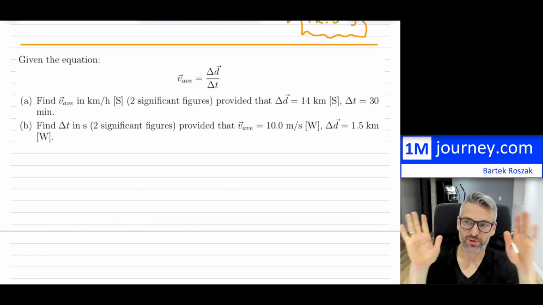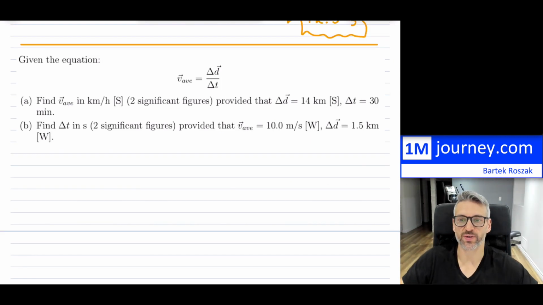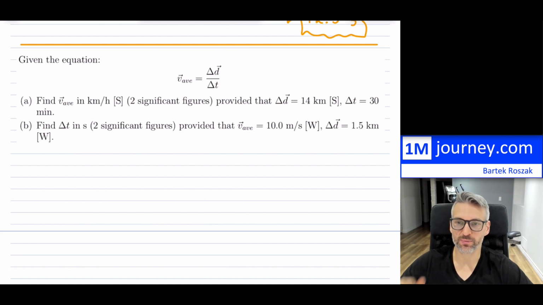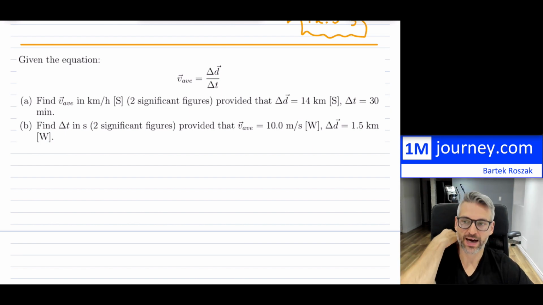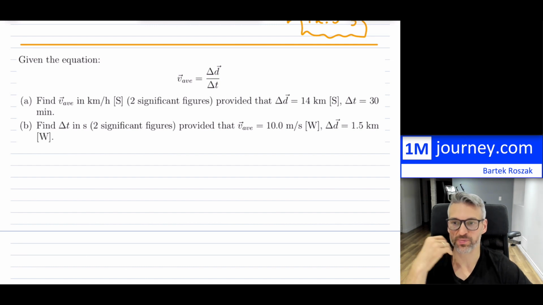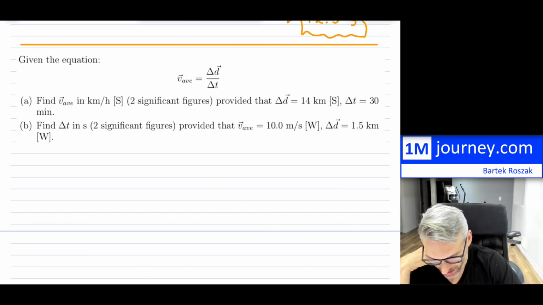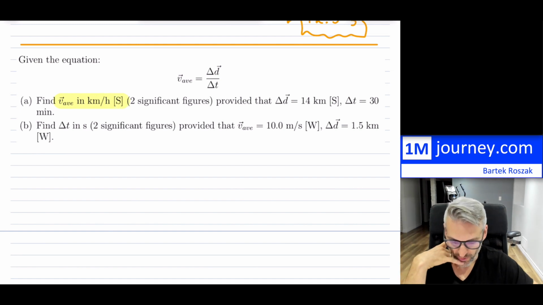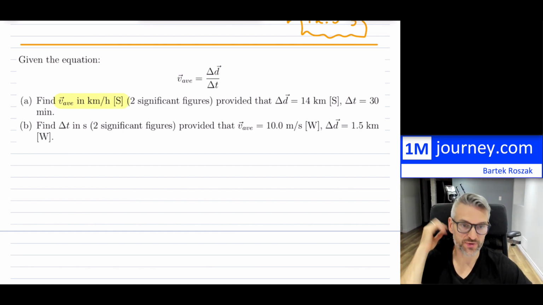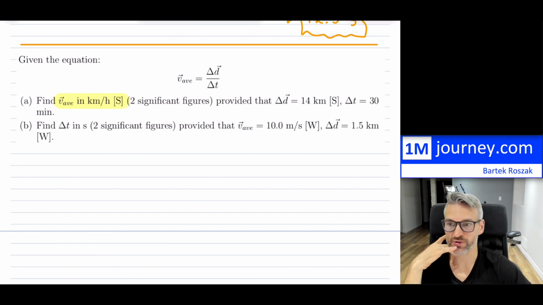Here's another example. Given the equation, we're back to the velocity equation, and we have two components, part A and part B. We want to find the average velocity in kilometers per hour, and we do have a direction here. We want to keep this to two significant figures, so this is at least what they're asking us to do.